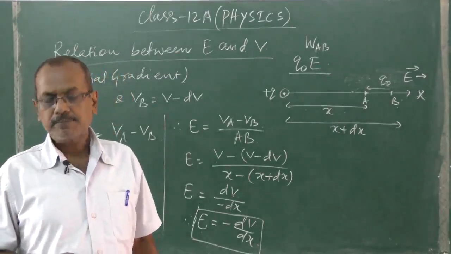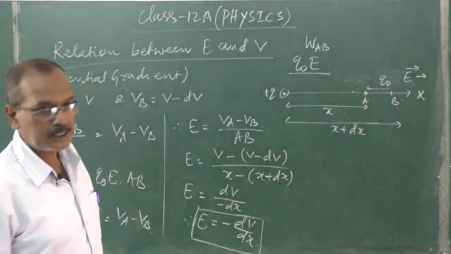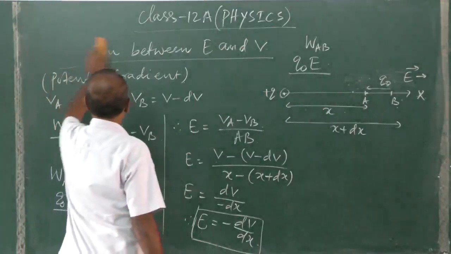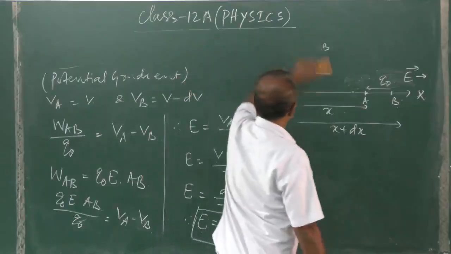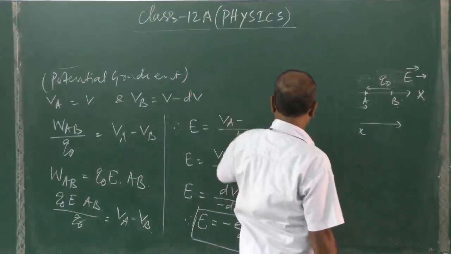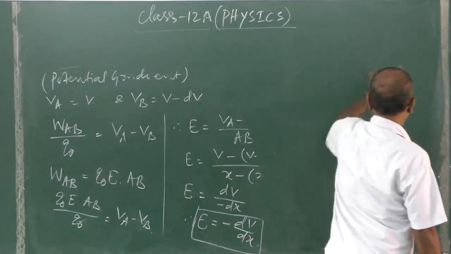Now the next part is the derivation of the expression for electric potential. Derivation of electric potential due to a point charge.